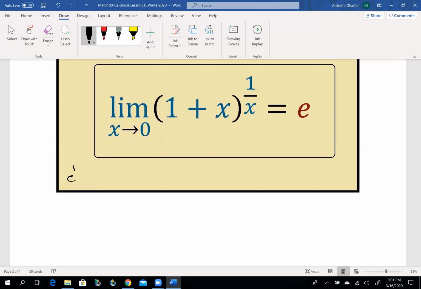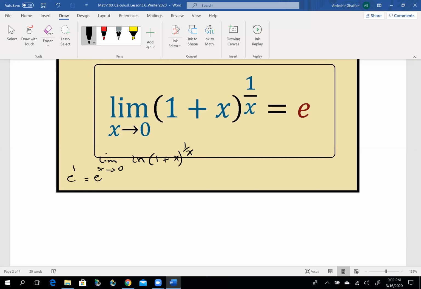And then this is equal to e to the power of the limit as x approaches 0 of natural log of (1 plus x) to the power of 1 over x.